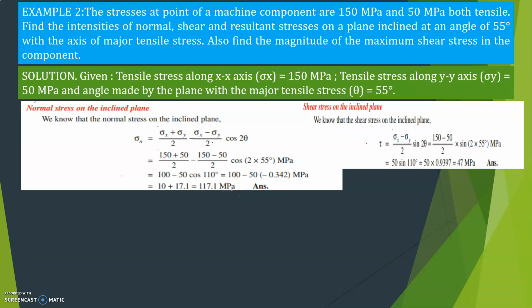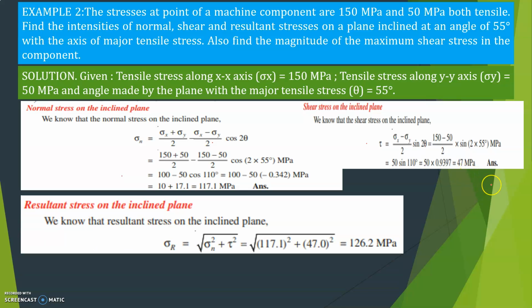Then we'll find the shear stress on the inclined plane. The formula is tau is equal to (sigma x minus sigma y) divided by 2 into sine 2 theta. Substitute sigma x is 150 and sigma y is 50, divided by 2 into sine, theta is 55 degrees. Simplify, you get 47 MPa.